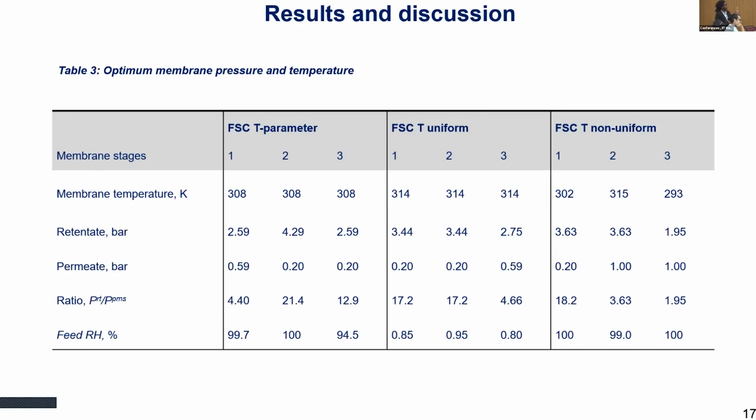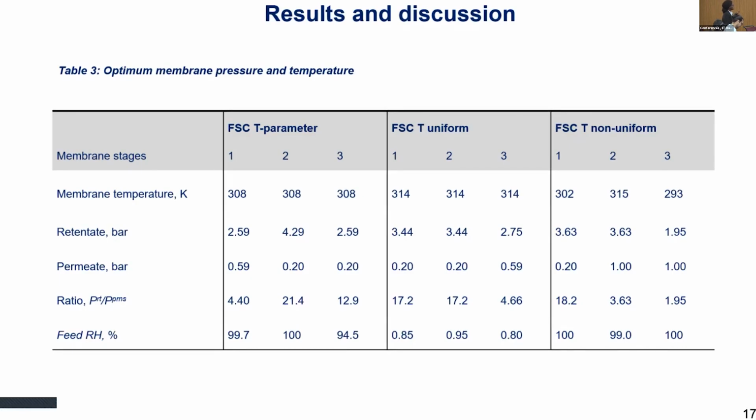The second scenario considers a uniform temperature in all the membrane stages. Then the third scenario allowed temperature to be non-uniform depending on the membrane stages. All optimization runs were carried out based on 3 membrane stages. And in all instances, pressure was allowed to be non-uniform in all the membrane stages.